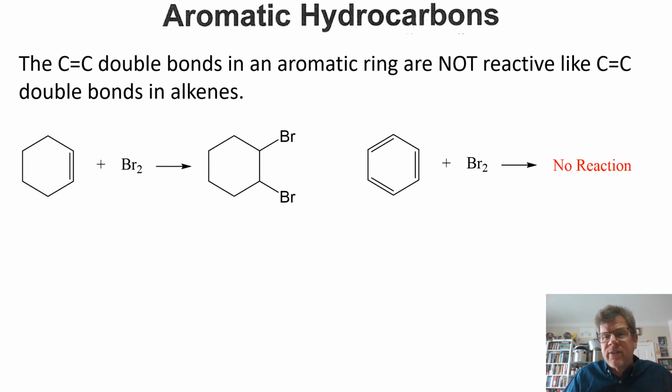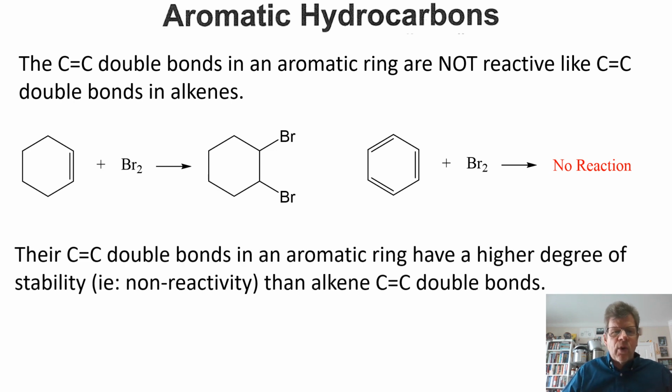In fact, it's a substitution reaction, which is similar to what we saw for alkanes. But we'll get into that towards the end of this lecture. So as a conclusion, these carbon-carbon double bonds in an aromatic ring have a higher degree of stability, or rather non-reactivity, than alkene carbon-carbon double bonds, notably because they are always moving. So we can never pin them down to react as a normal alkene can.